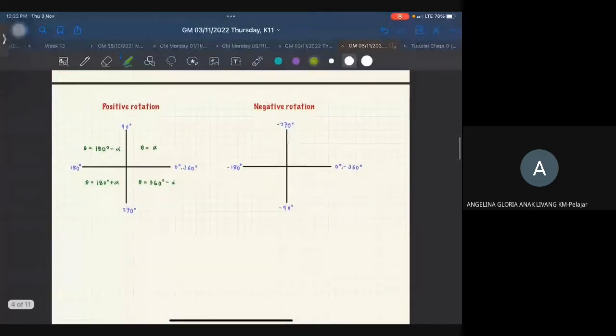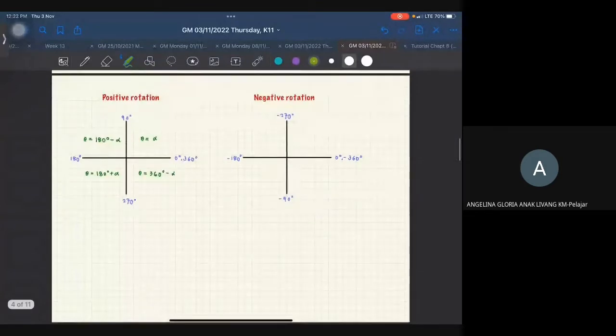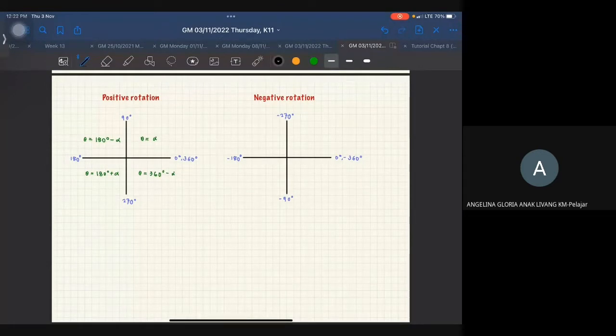Before saya discuss tutorial question, saya nak explain pasal positive rotation dengan negative rotation. Okay, so biasanya soalan yang melibatkan solving, dia akan bagi awak range of value. Range of theta, range of x, range of angle awak tu dia berada dekat mana. Okay, so contoh soalan, maybe kadang-kadang dia bagi range tu in between 0 up until 360 degree.